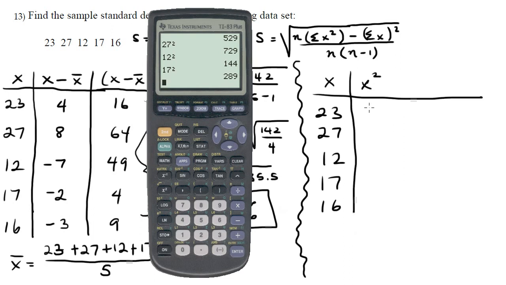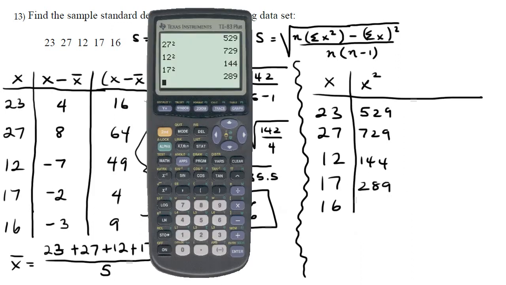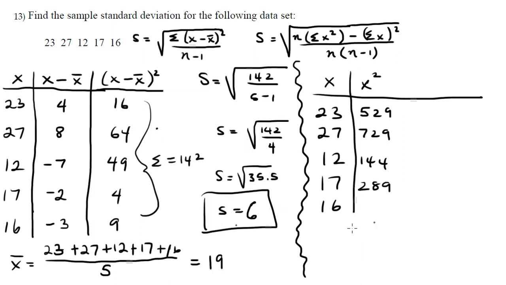23 squared, 529, 729, 144, 289. And what's 16 squared? It should be 256, right? Yep. Now I have to add all these values up.